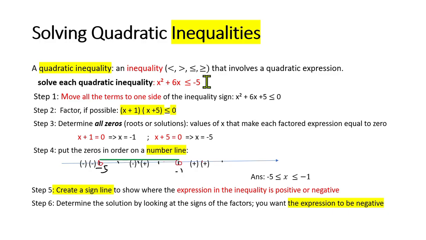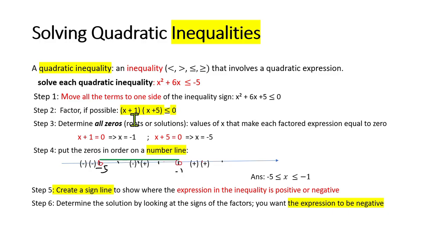So this is a quadratic inequality. So how to solve this? It's the same method. Move all the terms to the left hand side. So then x squared plus 6x plus 5 less than or equal to 0. Then you can factor it, x plus 1, x plus 5 less than or equal to 0.